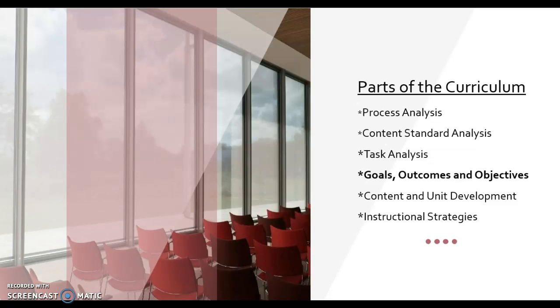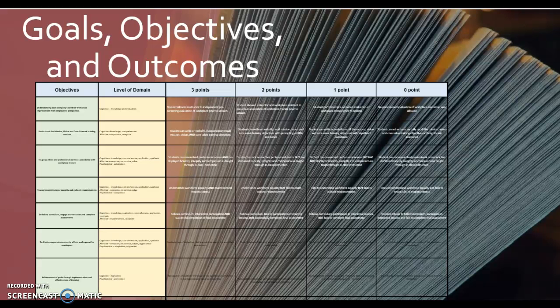The fourth part was the goals, outcomes, and objectives. And basically what that is, is a grading scale. And we would list the objectives, the level of domain, what it emphasizes. So does it emphasize cognitive development? Does it emphasize psychomotor or cognitive?